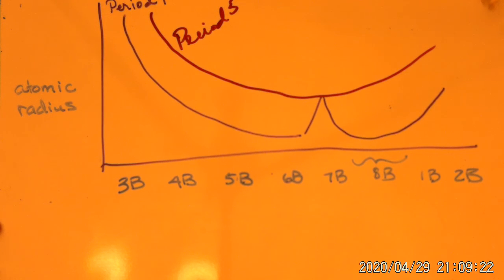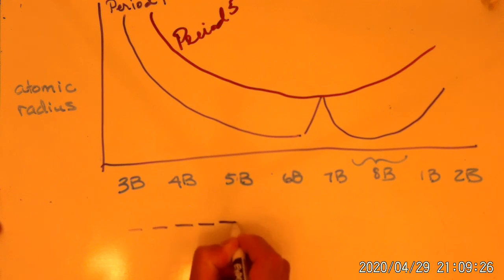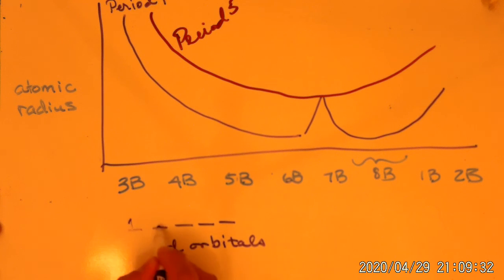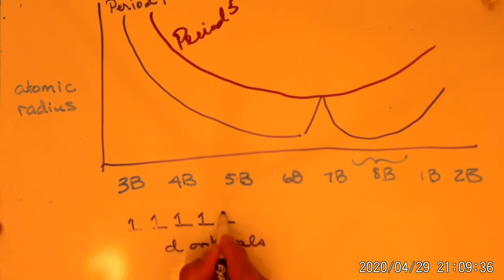So this is basically a contraction, because if you look at our d orbitals, it's contracting because energetically what's happening is you're gradually filling all those in.